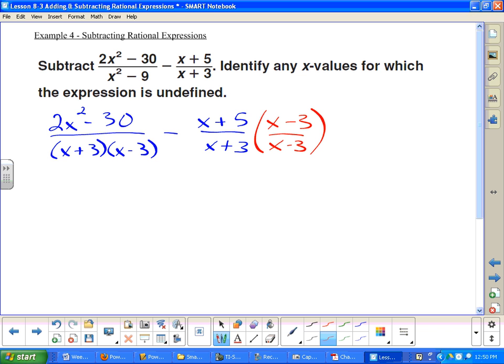Well, this gets a little more complicated because you have to FOIL when you're multiplying that numerator, but you also have that minus sign to deal with. Okay? So this is my suggestion to you. Once again, write out your common denominator first.